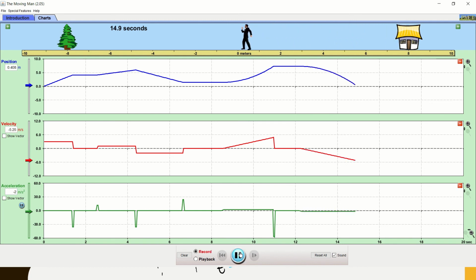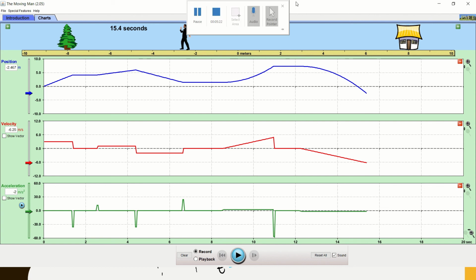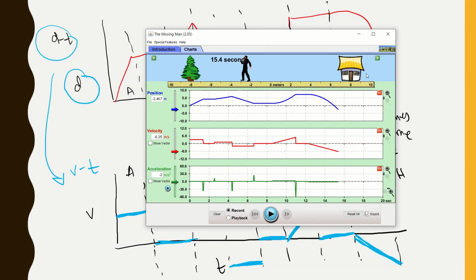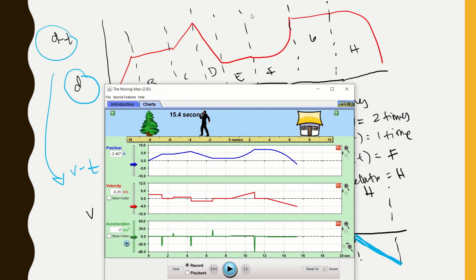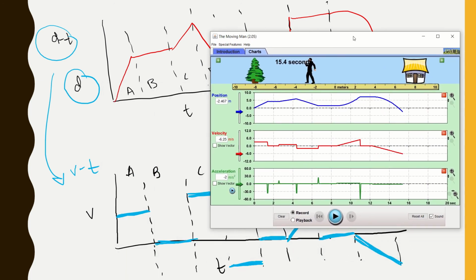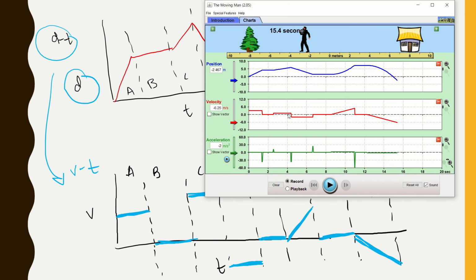Ayan. Alright. So, if you can observe the graph that I made in a distance time graph, which is this one, it's just the same. Tingnan nyo. This is A, B, C, D, E, F, G, and then H. And then, in your velocity time graph, observe, A, B, C, D, E, F, G, and then H. Yung acceleration, din naman natin titingnan yan.